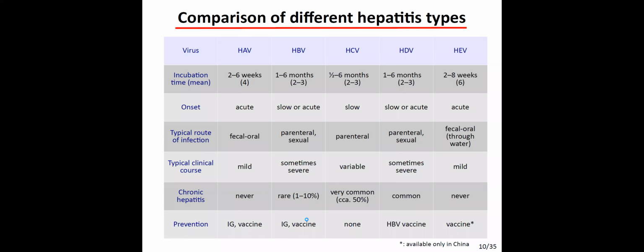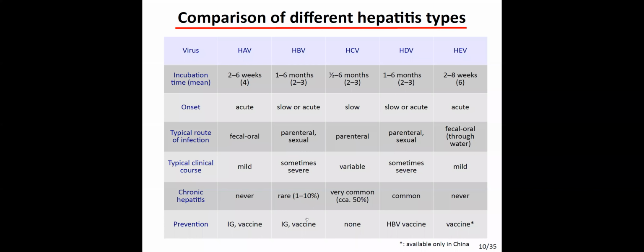So sometimes if a fulminant infection is happening, you have to suppress the immune system of the patient, and this way not the whole liver is damaged by your own immune system. But today hepatitis B is less common and causes fewer problems.